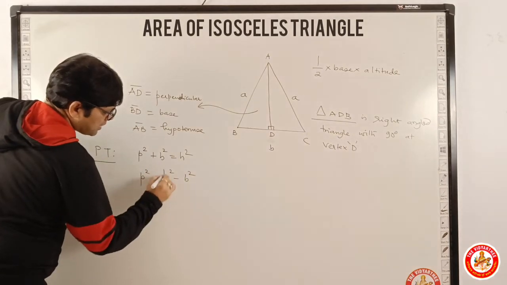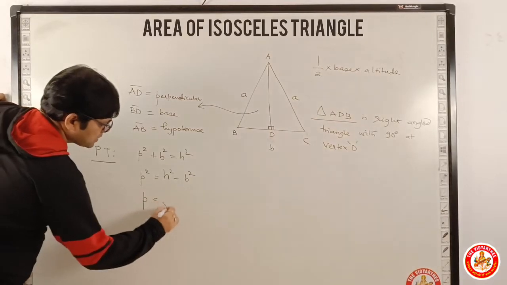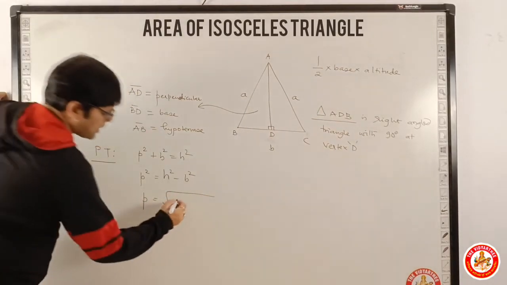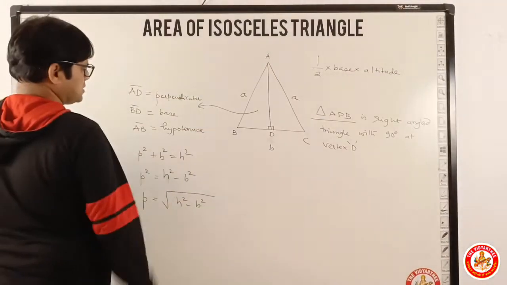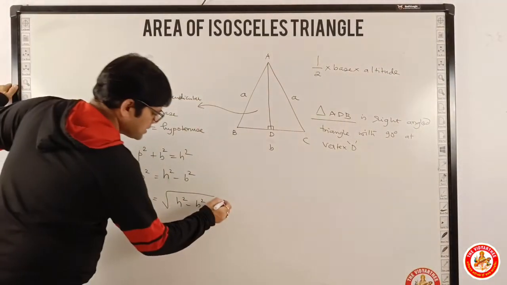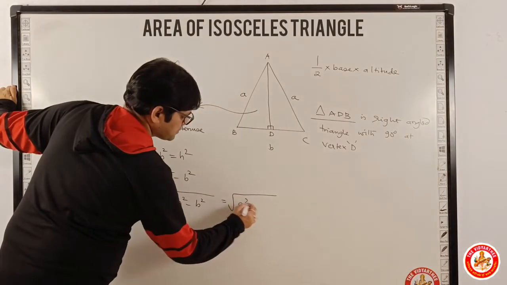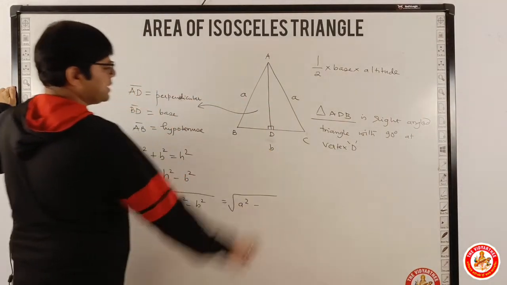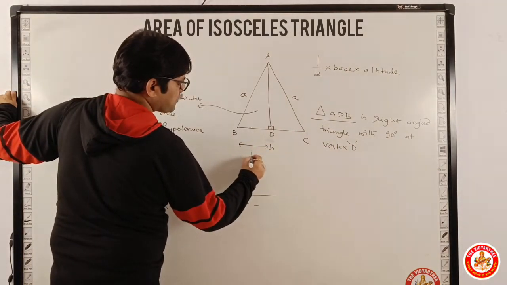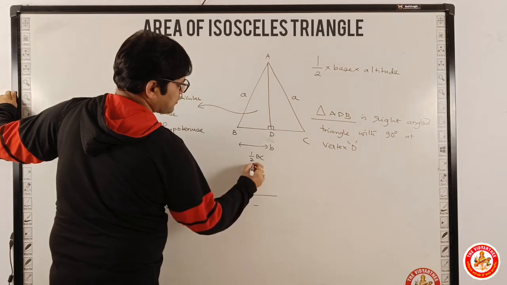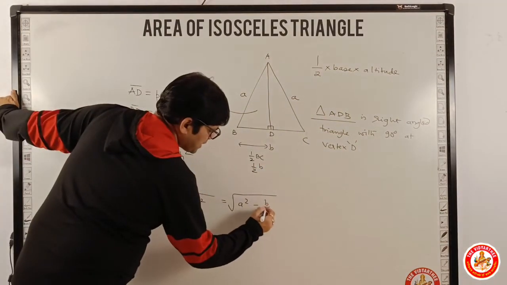So this is your hypotenuse square minus base square. That means P is equal to under root of h square minus b square. Now what is your h? That's the hypotenuse, that is a square. So we get under root of a square minus, what is this part? This part is half of BC, and what is half of BC? It is half of b. So we get b by 2 square.